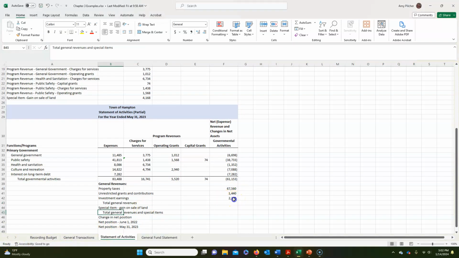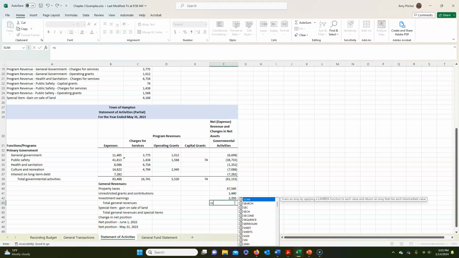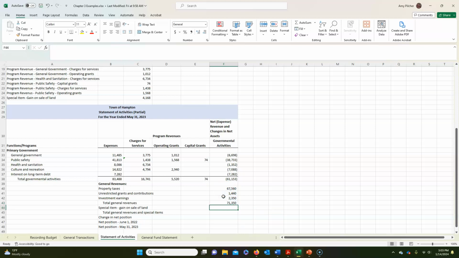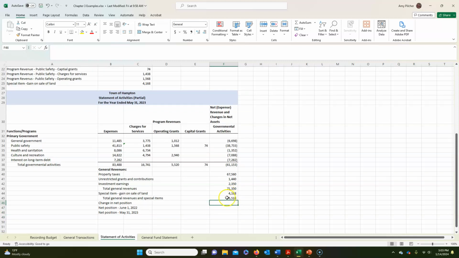What we're going to look at is our total general revenues just for our general fund. So we had $71,350. We then have that special item, which is the gain on a sale. Our total revenue of general plus special items is $75,518.